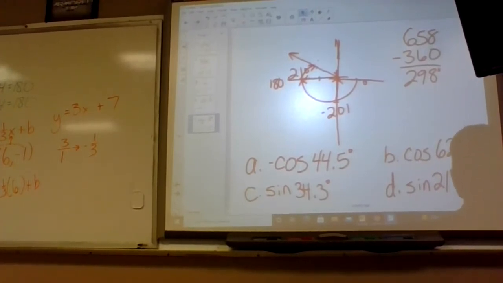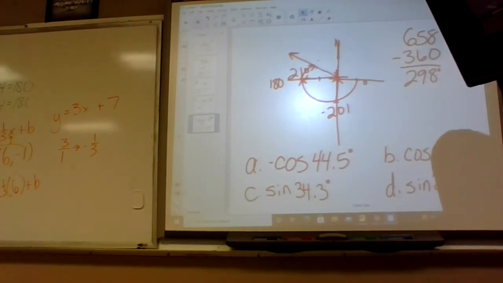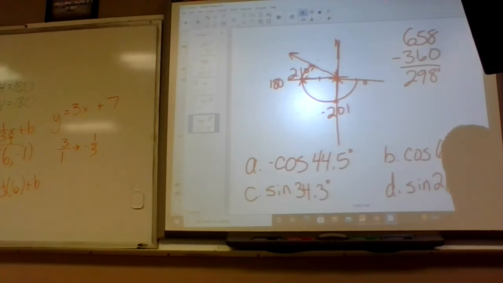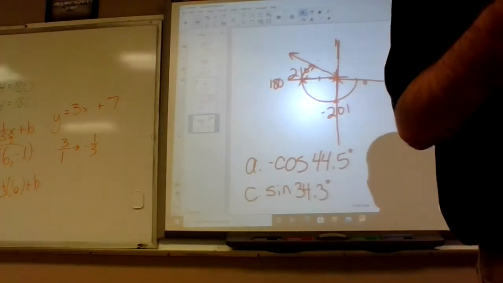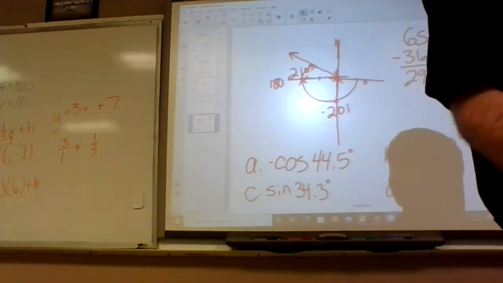That's kind of brainless work, 5 through 10. You're just plugging stuff in. You literally just plug it in and hit the equals button? Yeah. It says round to 4 decimal places. So let's do number 5 just to make sure you know what you're doing.